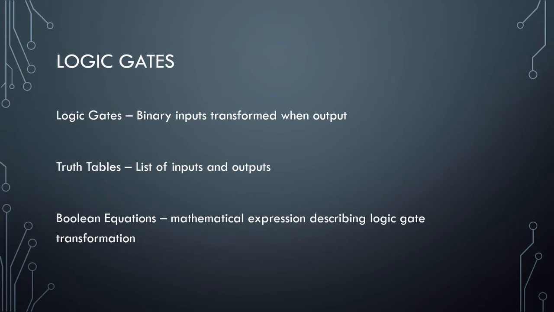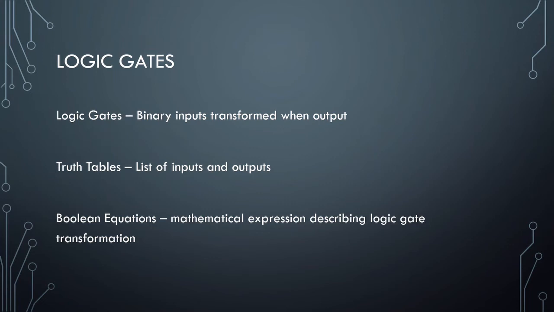So these gates are transforming the numbers, and we use what are called truth tables to represent the numbers that are being input and the numbers that are being output. It's a list, almost like a times table list or an addition list. And with these logic gates and truth tables, we have Boolean equations. These Boolean equations are mathematical expressions that we can write down that describe what these logic gates are doing.